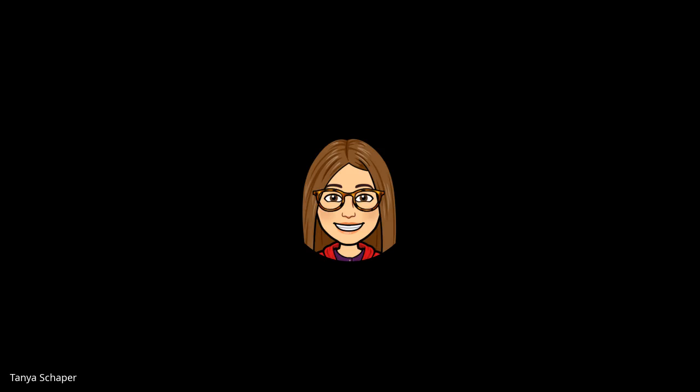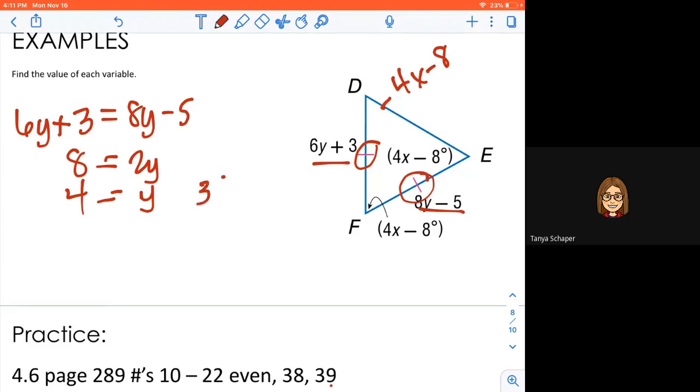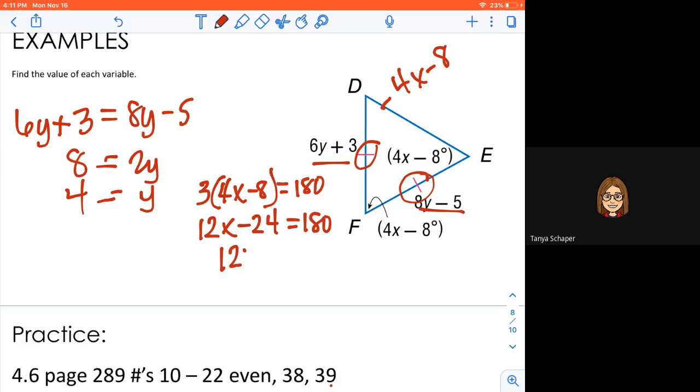So 3 times the quantity 4x minus 8 is equal to 180. So 12x minus 24 equals 180. 12x is equal to 204. I think I did that right. So then I'm going to take 204 divided by 12, and x equals 17.